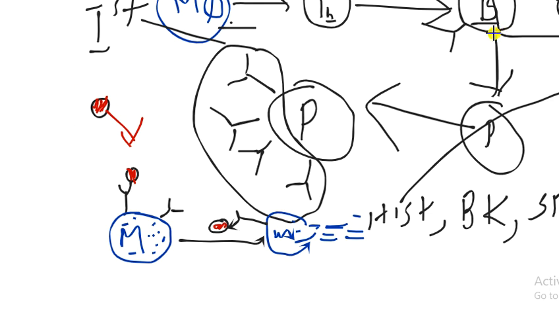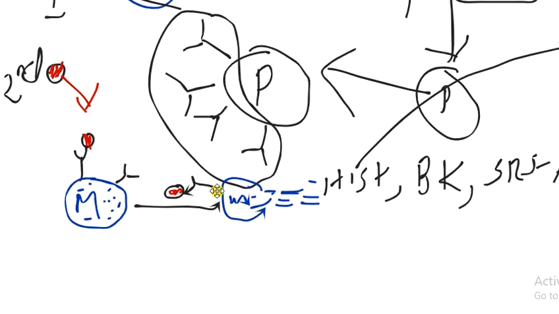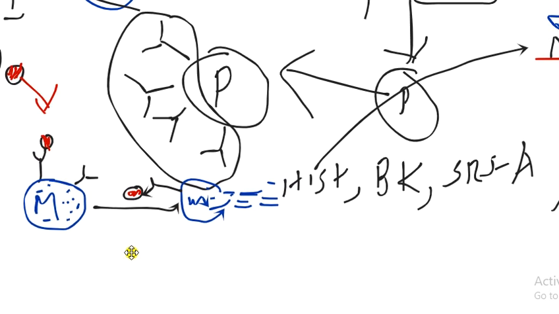In the second exposure, this allergen is going to bind directly with this IgE present on the mast cell.